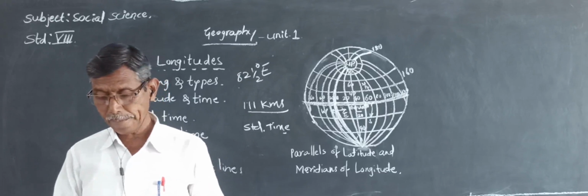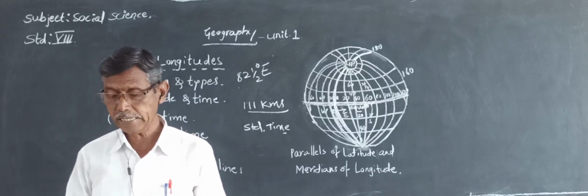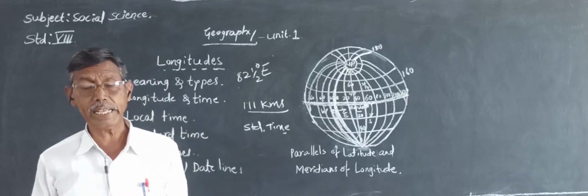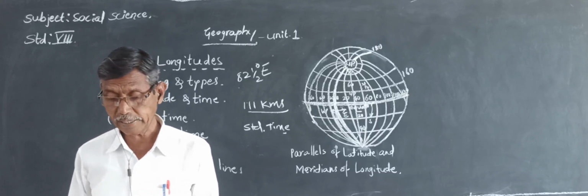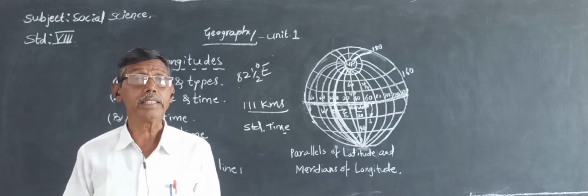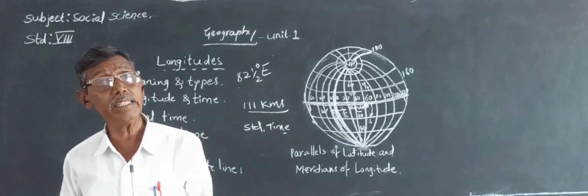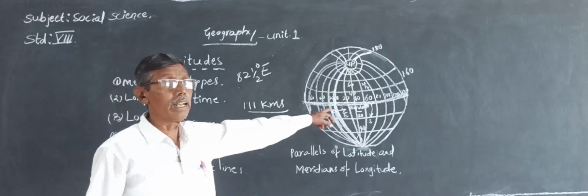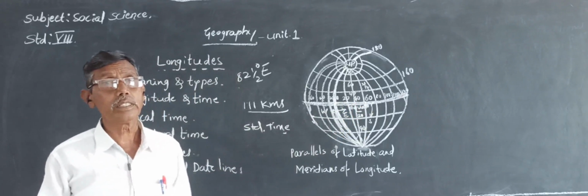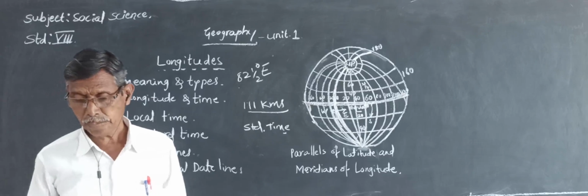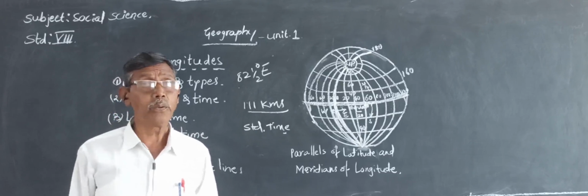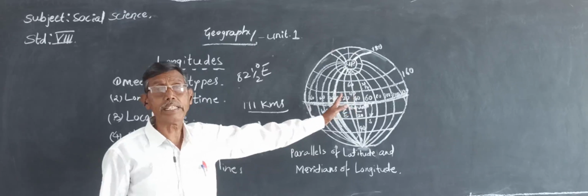Any ship crossing this line from west to east takes a day twice. From east to west, it drops 1 day.